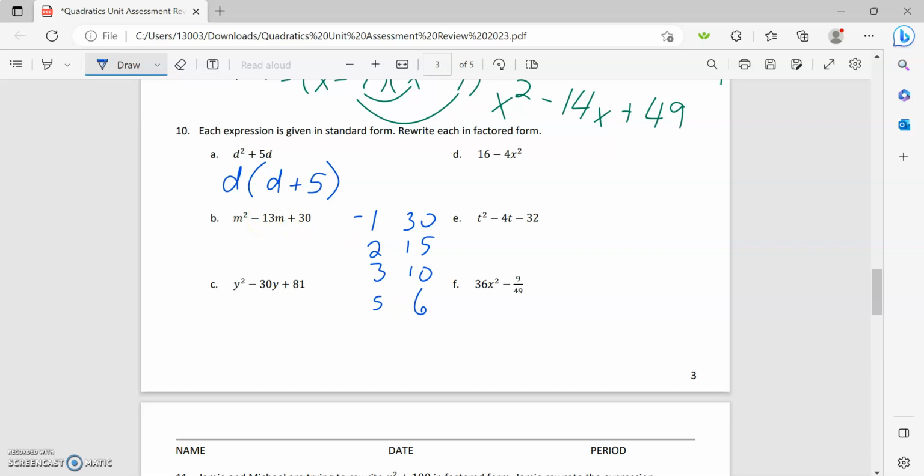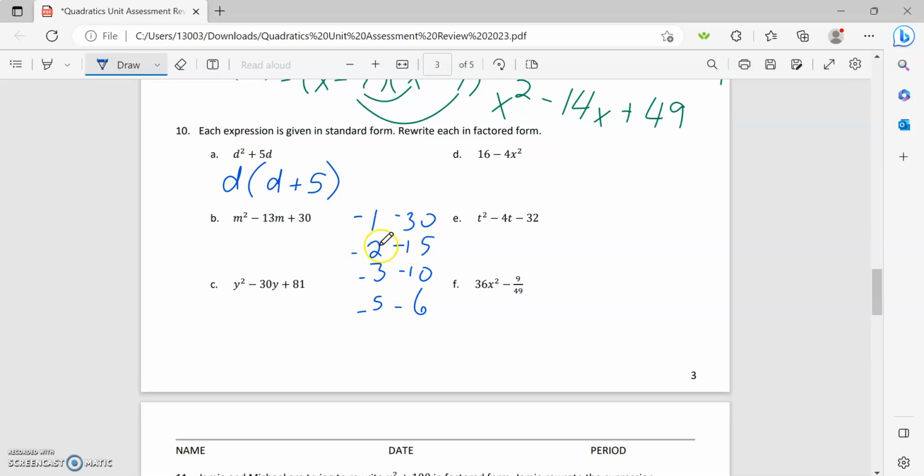If I put negative signs in front of each of these terms, now again when I multiply them, I still get positive 30, and the hope is that somewhere in here I'm going to add them together and get negative 13. Negative 1 minus 30 is negative 31.